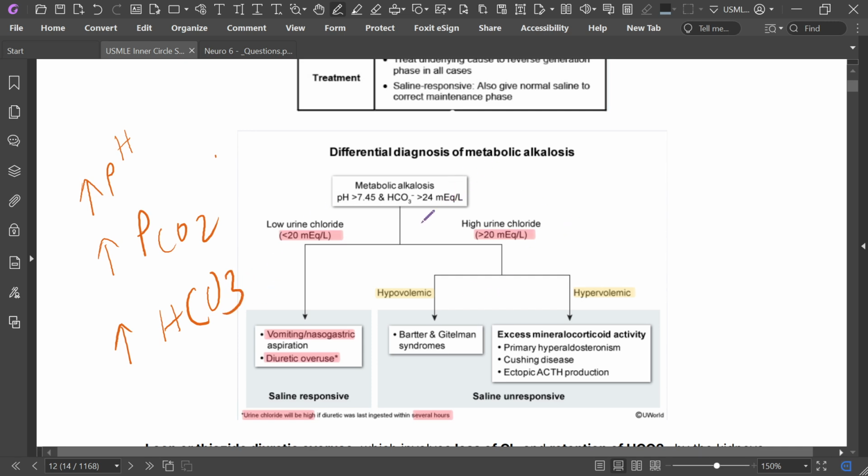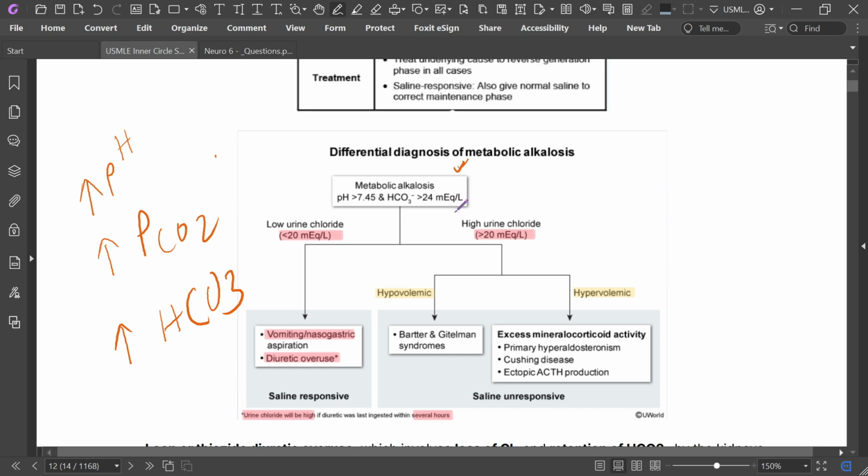Normal bicarbonate is 22 to 28, and 24 is the standard. If pH is more than 7.45 and bicarbonate is more than 24, it is metabolic alkalosis.